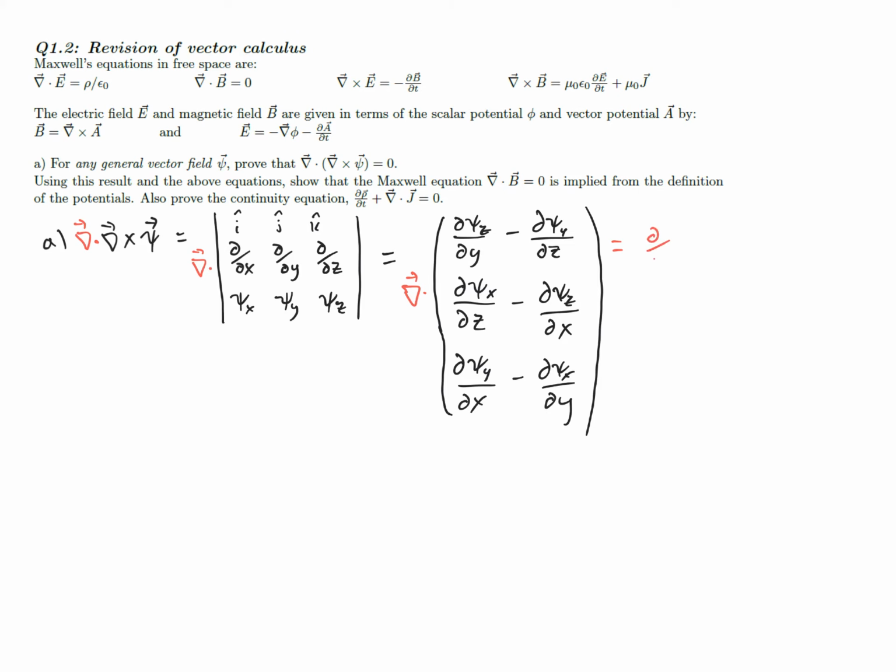So it's going to be d by dx of this bunch of stuff, d psi z by dy minus d psi y by dz, and so on, plus d by dy, and so on.